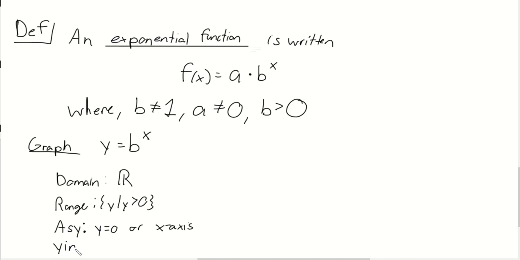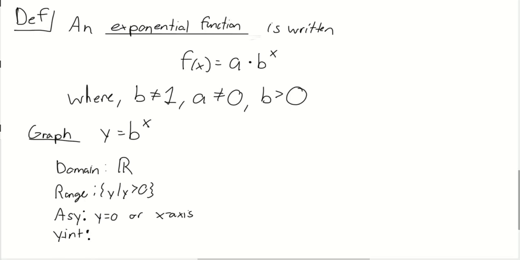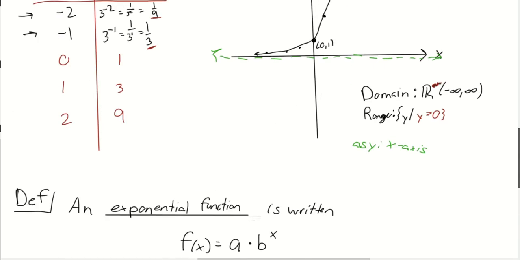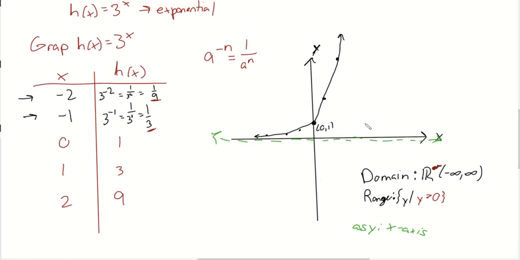What was our y-intercept on our graph above? I'm going to scroll up for a second. When do we cross the y-axis? At what point? Yep, 0, 1.